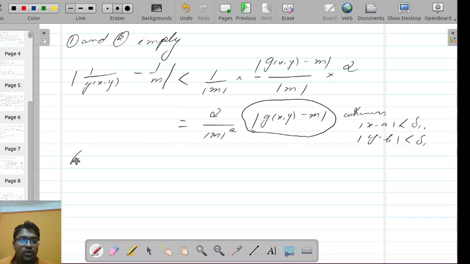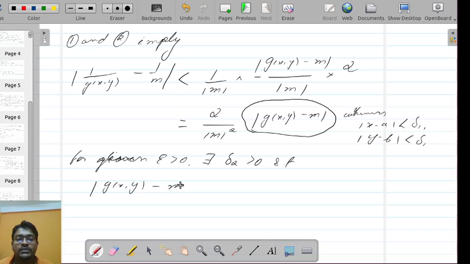Okay, now for given epsilon greater than 0, there exists a delta 2 greater than 0, such that mod of g of xy minus m can be made smaller than epsilon by 2 into mod m square. Okay, this is what I need.